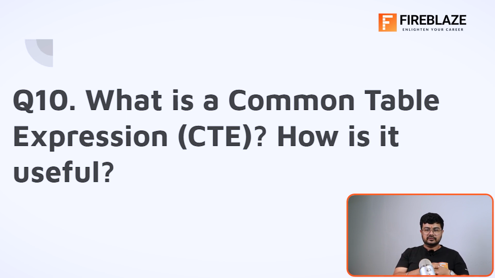In this case, we create a CTE, that is a common table expression, and instead of repeating the query again and again, we just repeat the CTE name, and thus we can reduce the redundancy in a query.